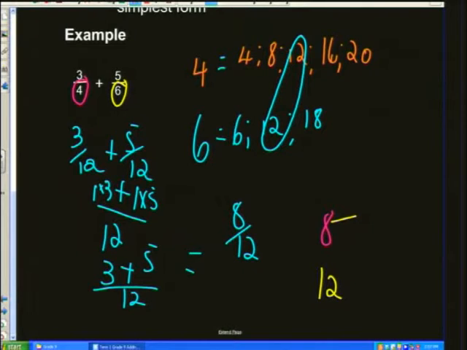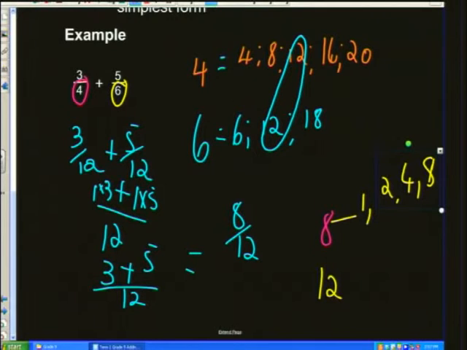So it's going to be 1, 2, 4, and 8. Because 1 into 8 goes 8 times, 2 into 8 goes 4 times, 4 into 8 goes 2 times, and 8 into 8 goes once. So these are the factors.